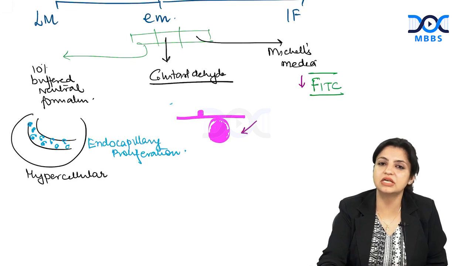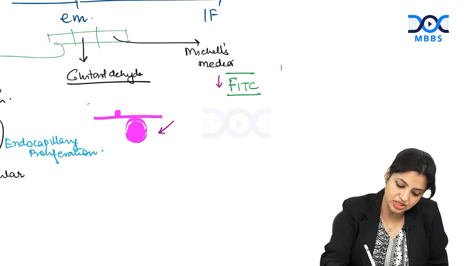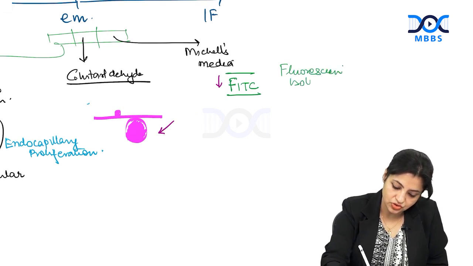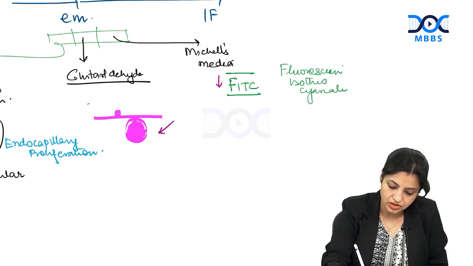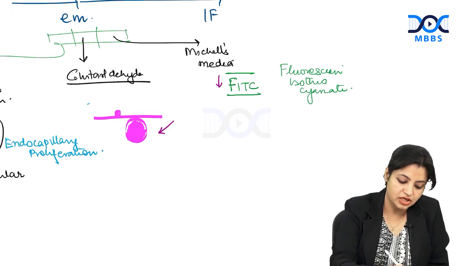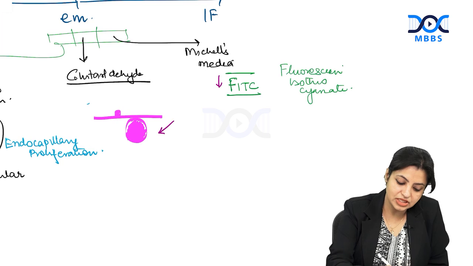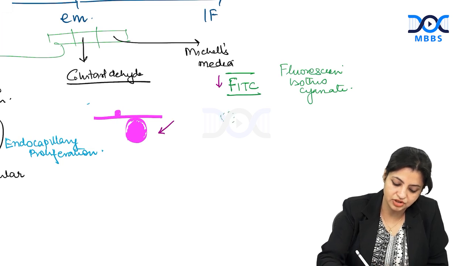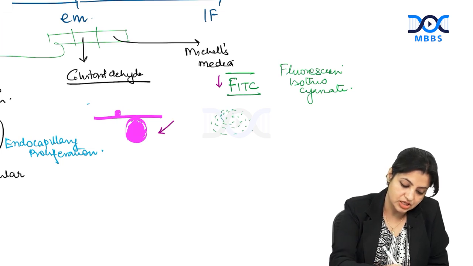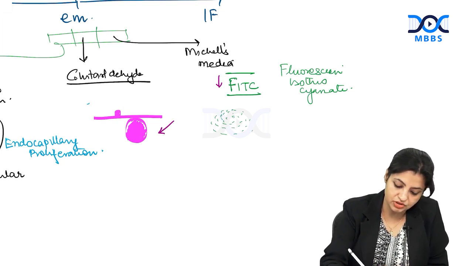This is fluorescein isothiocyanate. Whenever you put it with immunofluorescence in FITC stain, it will show you a lot of granular immunofluorescence, that is, it is an immune complex, so it is deposited like this. This is what is called granular immunofluorescence.